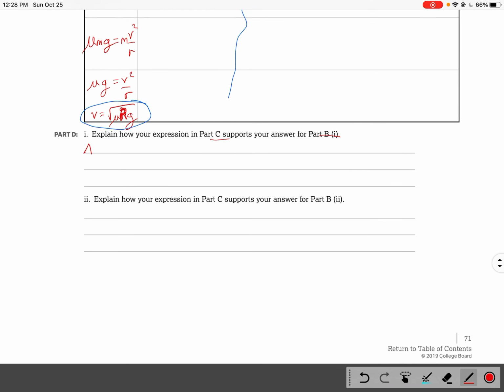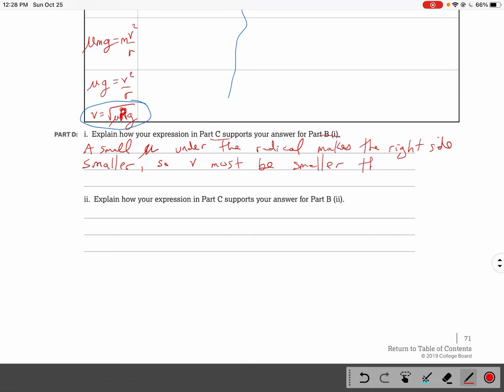So a smaller mu under the radical, the square root sign, makes the right side smaller, so v must be smaller than before.